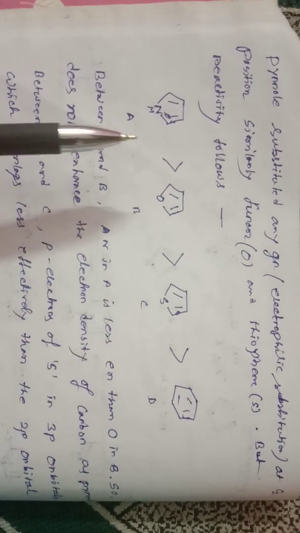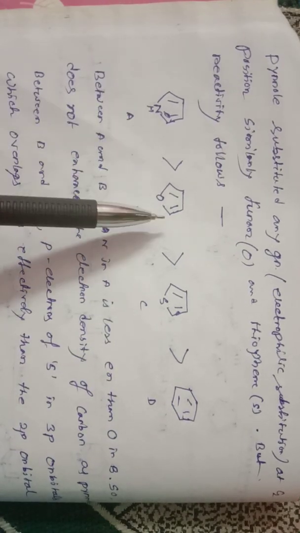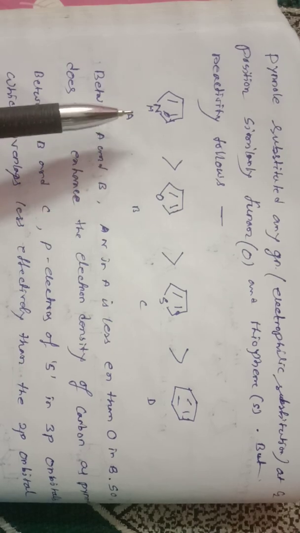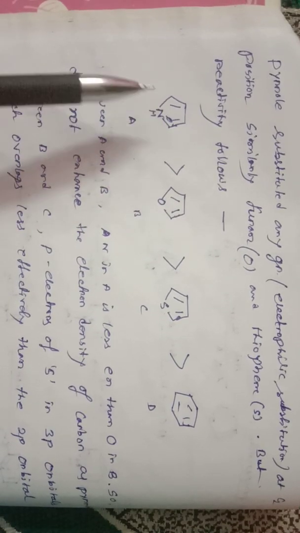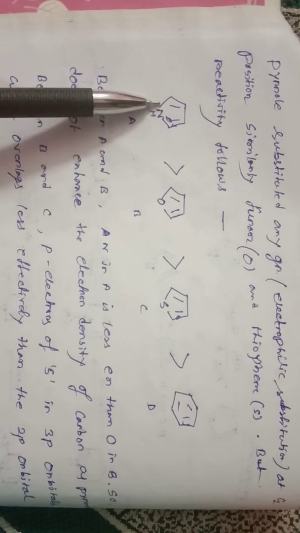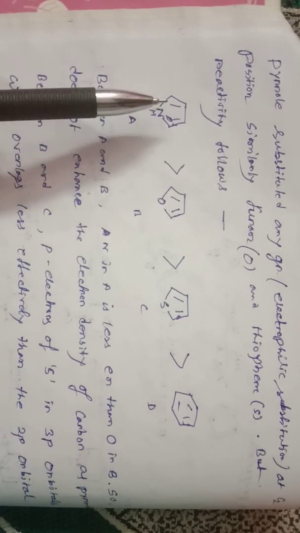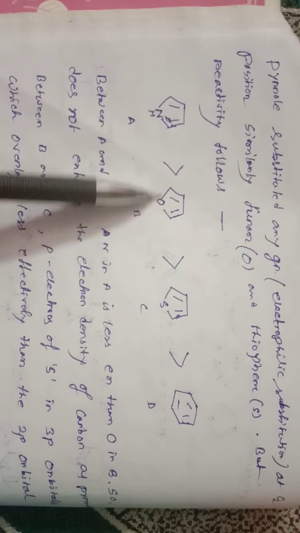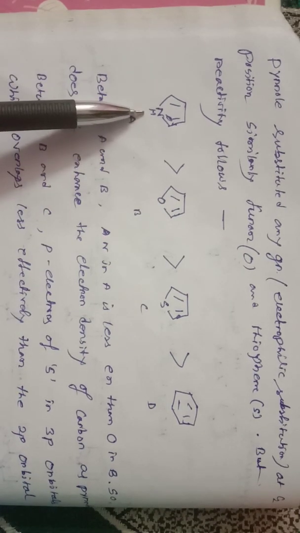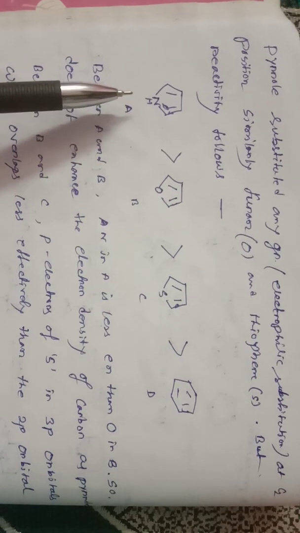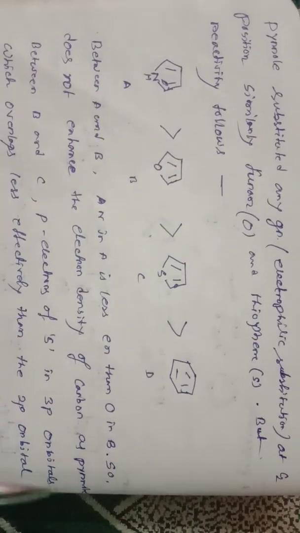Why? If we consider thiophene and furan, then nitrogen in pyrrole is less electronegative than oxygen, so it does not enhance the electron density of carbon as in pyridine.